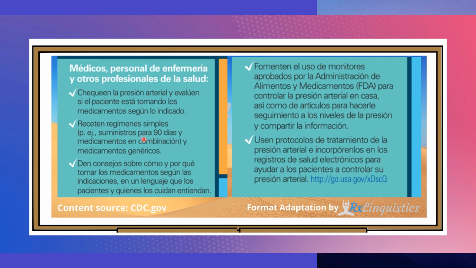We have para, okay, para means for, para 90 días, for 90 days. We have en combinación, that means in combination, okay. Sobre means about, in relation to. Sobre is a preposition.